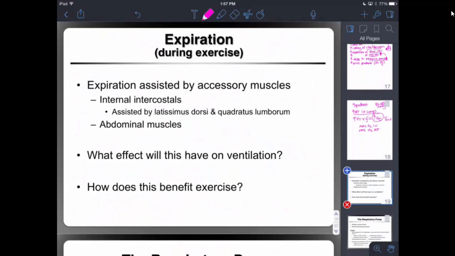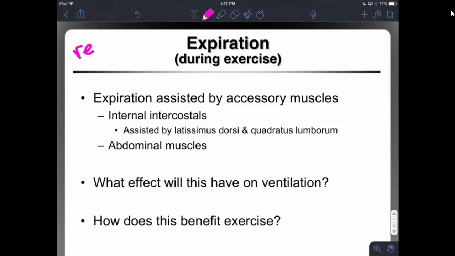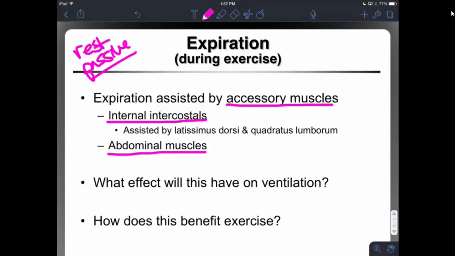Expiration during exercise, remember that expiration at rest is passive. It occurs automatically because when the muscles relax, they shrink, which shrinks the thoracic cavity, shrinks the lungs, raises pressure inside the lungs, drives that air out. But what we find during exercise is that we get some accessory muscles that become involved in expiration. So the internal intercostals start to contract, the abdominal muscles start to contract. Okay?